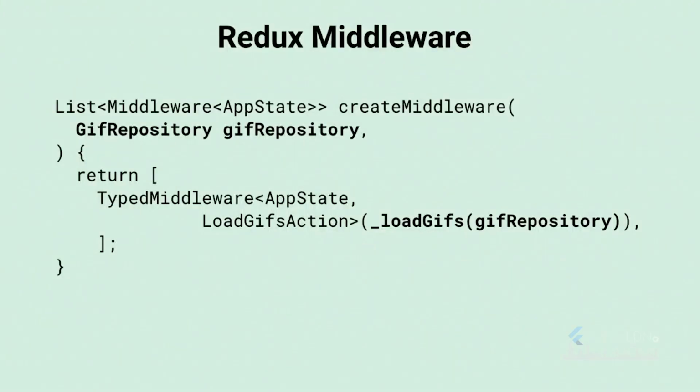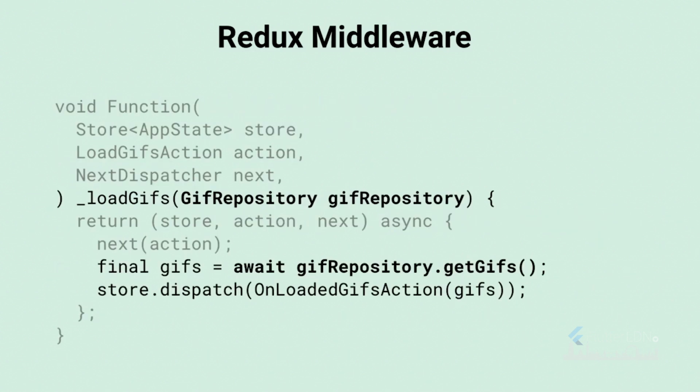You need to be a little bit familiar with Redux, but in Redux you have something which is called the middleware, and in my middleware I will pass the GIF repository or any repository that is accessing Firestore, and then I will use it in my actions, in my reducers, of the middleware.